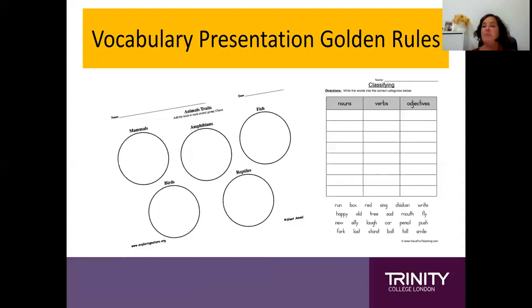This is the type of classification and sorting vocabulary activities that are so useful, both in the classroom when we've got our students there, but also as vocabulary presentation tasks that we can engage our students in. And of course, you've got classifying by sorting into circles, as in the first example, or you can even classify words into different columns of a chart, for instance.